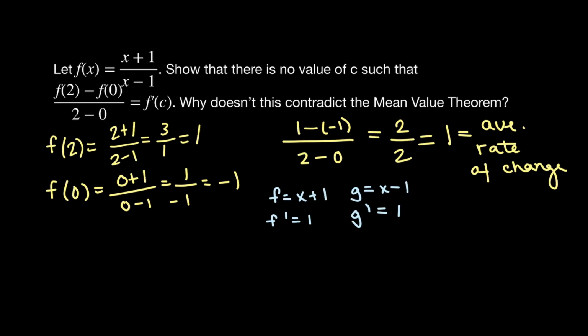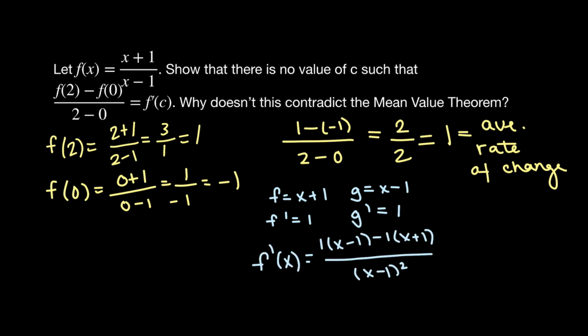And now let's find our derivative. We're going to have to use the quotient rule here. The top is x plus 1, the bottom is x minus 1, so both f prime and g prime would be 1. Plugging that into my quotient rule, I get f prime times g minus g prime times f. So 1 times x minus 1 minus 1 times x plus 1 all over g squared, all over x minus 1 squared.